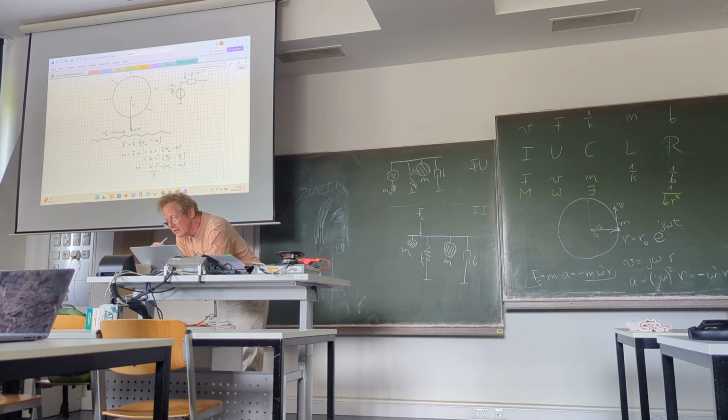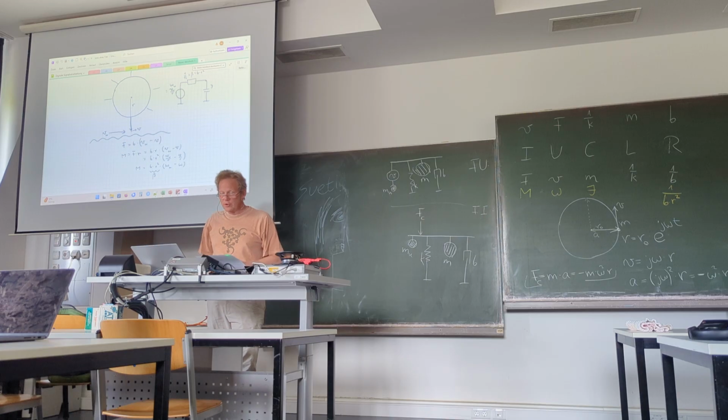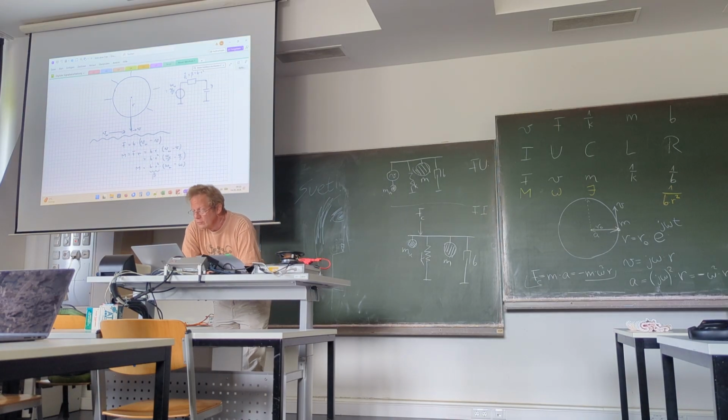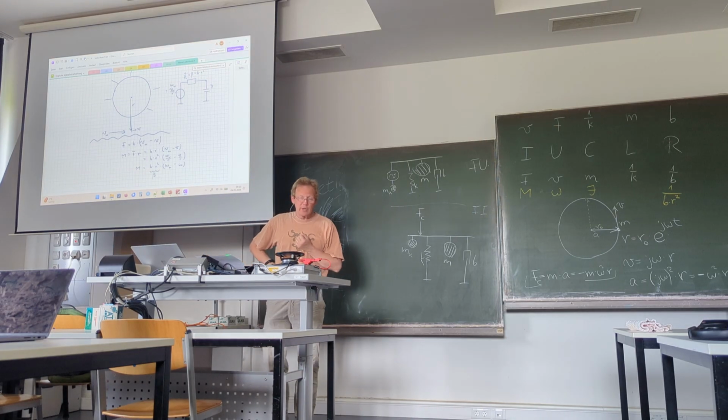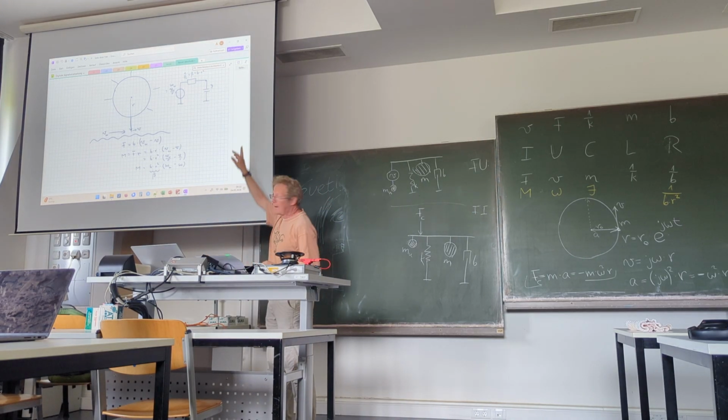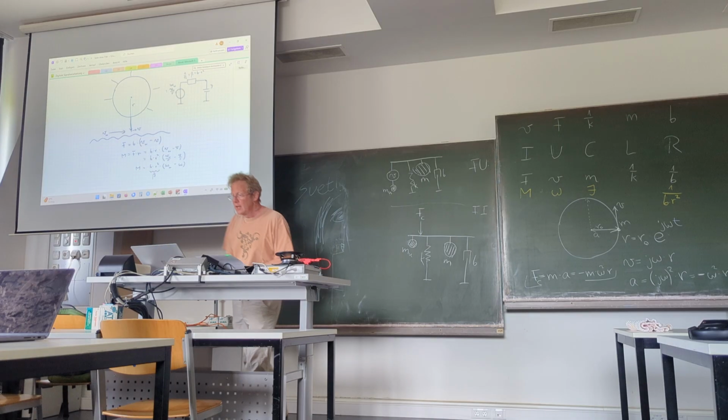So we add here another capacitor, and this corresponds to moment of inertia J. So at the moment, this is what we have, and at time 0, you could say we have a switch, and we close the switch, and then we get this connection.